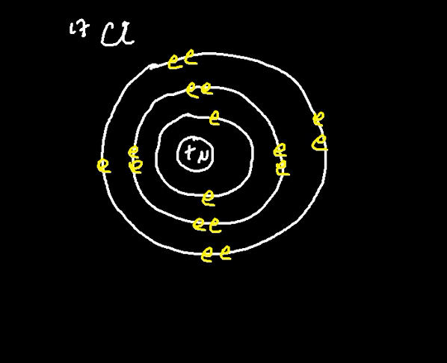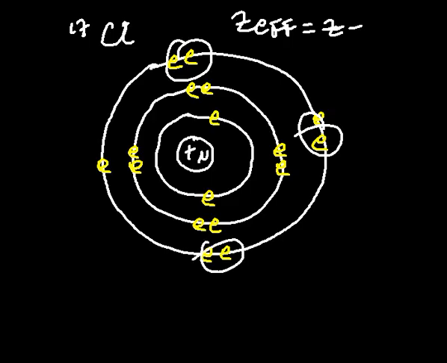Now the point of interest is the Zeff, the effective nuclear charge, which is given as the proton number minus the inner core electrons that are shielding the electrons in that particular energy level. For instance, we'll be looking at the inner core electrons in the first shell as well as the second shell, because they are the ones shielding the outermost shell electrons.